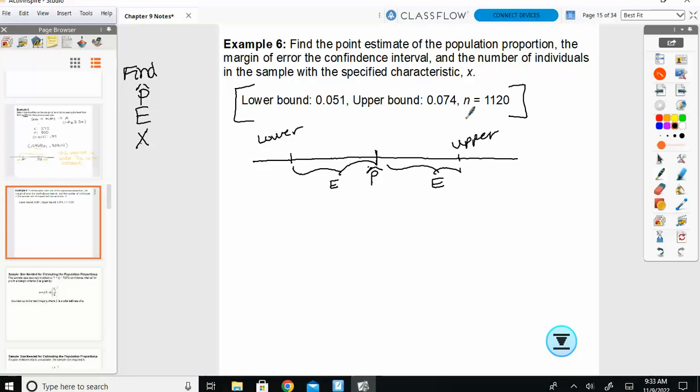So p hat should be the middle of these two things. How do you find the middle? Yeah, it's like the mean. Add them up, divide by 2. Okay, I need to find the middle, for the average.